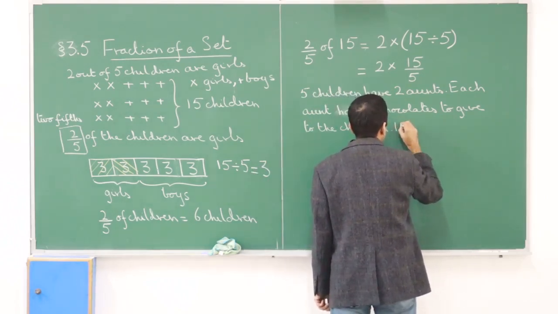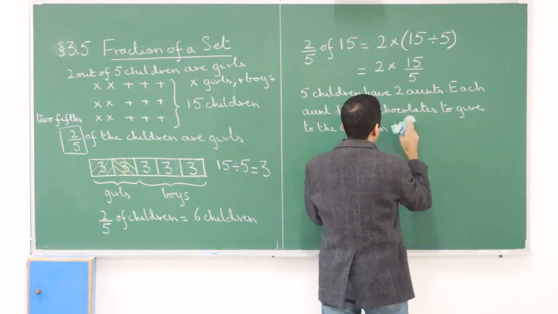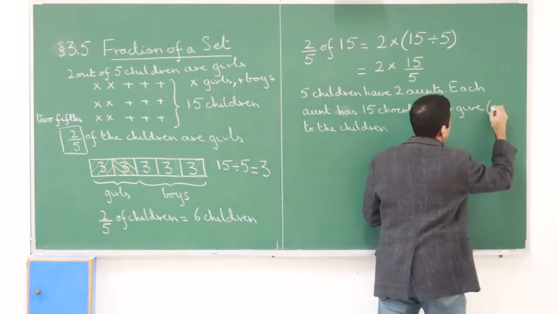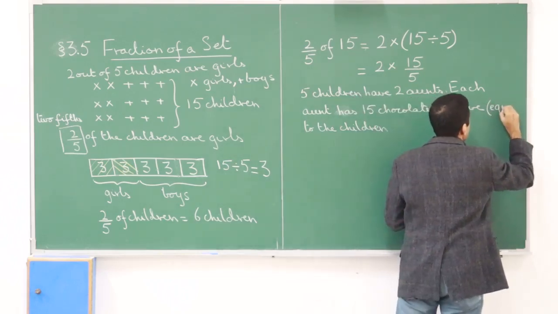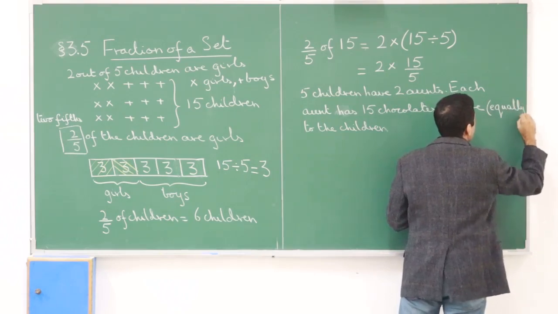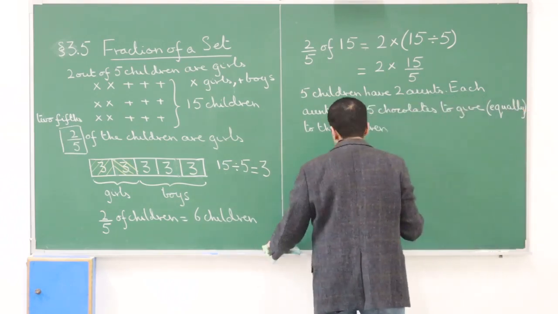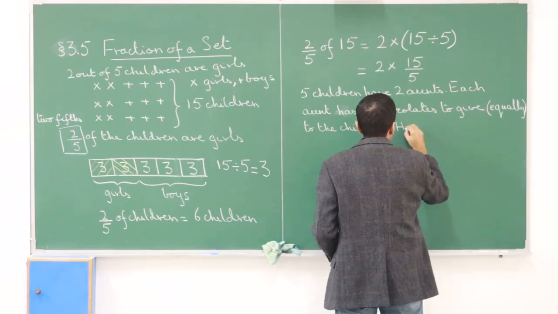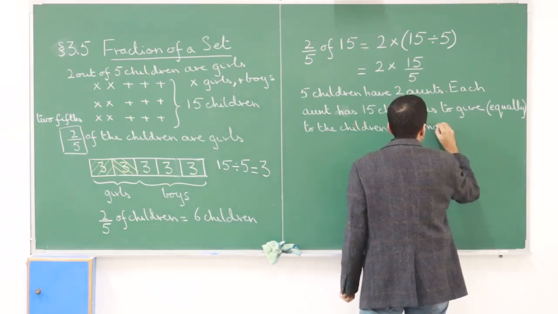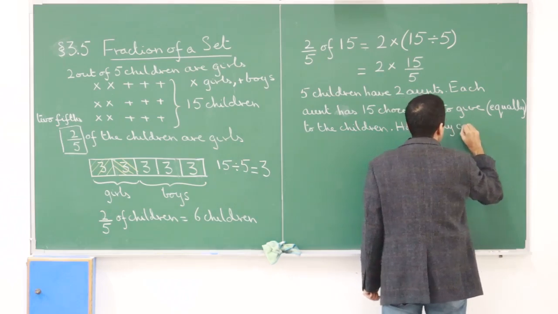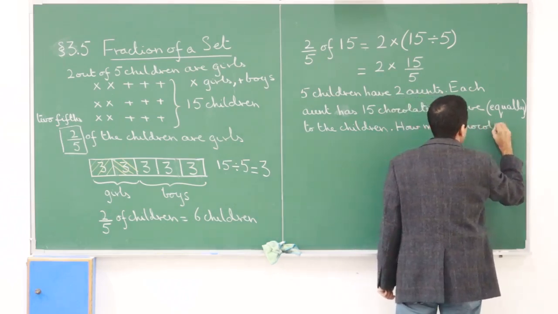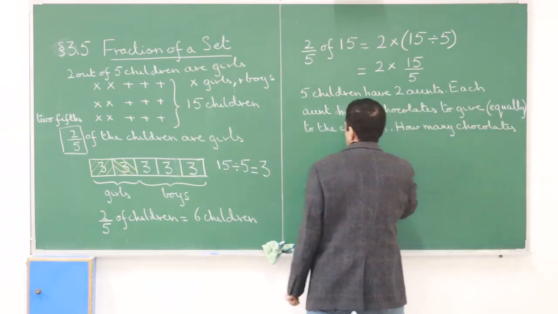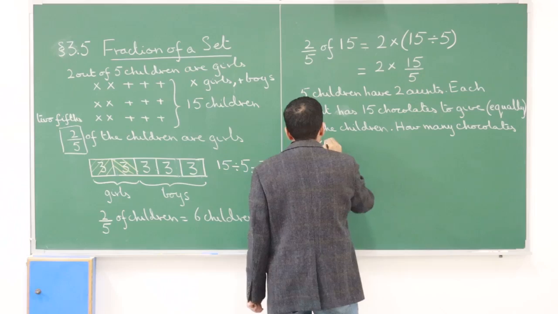I'm going to write it in parentheses, equally. Each aunt is going to give them equally to each child. Here's the question, same mathematics: how many chocolates does each child get?